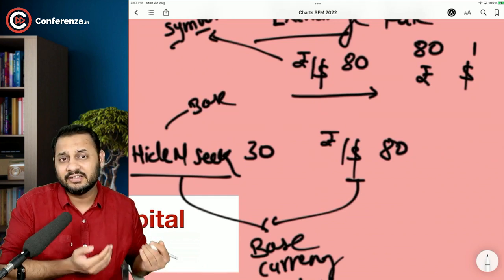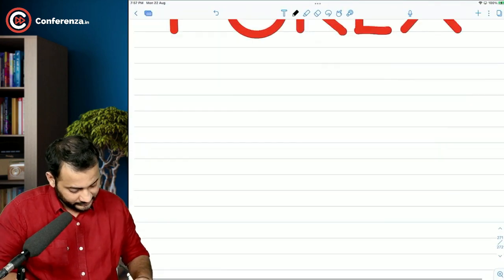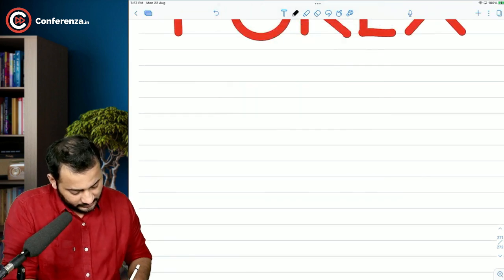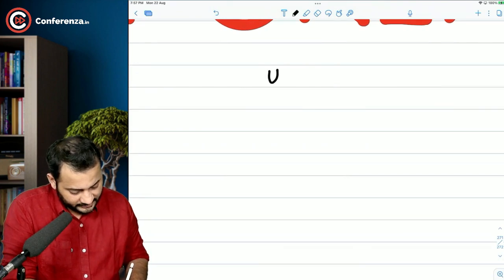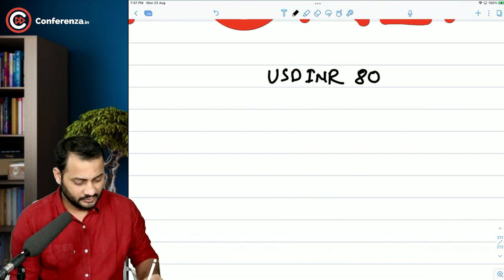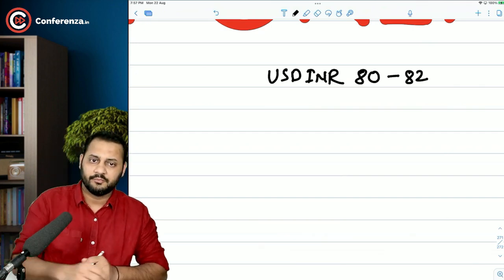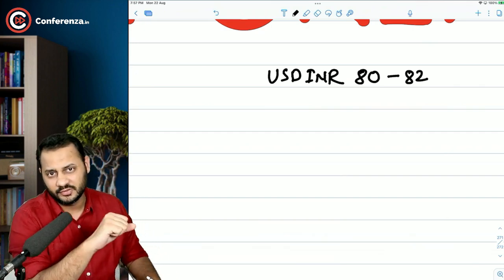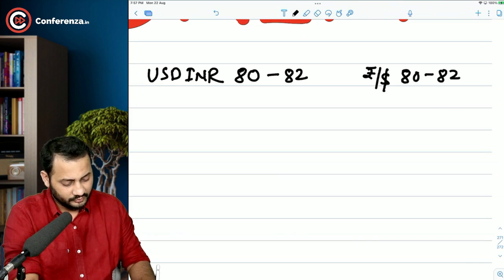So what exactly is the international standard of presenting quotations? Throughout the countries, it is presented in this form: USD INR 80, and one more rate, let's say 82. This is how most of the questions will be, but the local version of presenting it will go like this: rupees per dollar 80, 82.